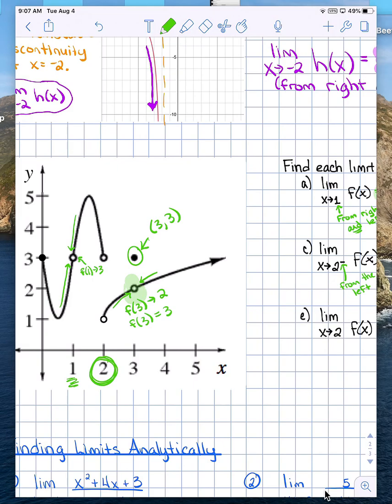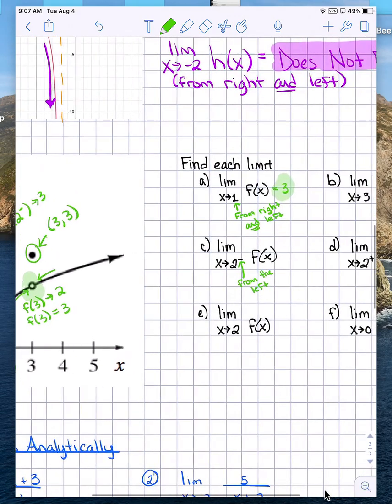So that means we're concerned about this side because these are x values that are smaller than 2. And what it looks like is from the left side, we're approaching a y value that is 3. So f of 2 from the left is approaching a y value of 3. That's what that hole is. That hole has a y value of 3. So we'll say 3 on this one.